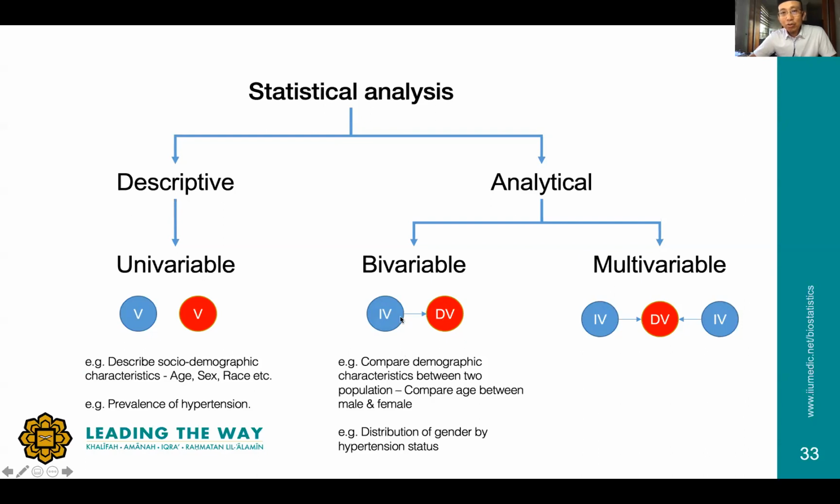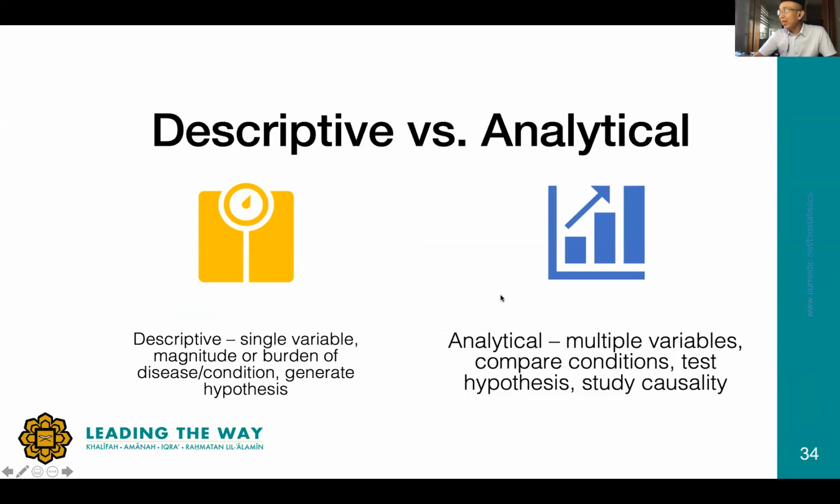So you attribute the sex to the risk or to the distribution of hypertension. That's what we call a relationship. Obviously, multivariate is more advanced, which we are not going to teach you. My last slide? My third slide. Okay.